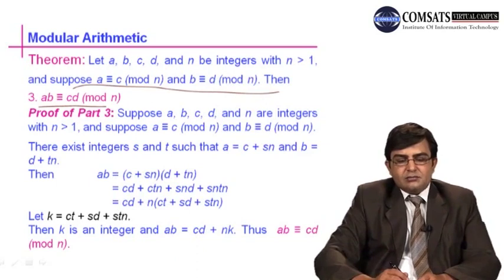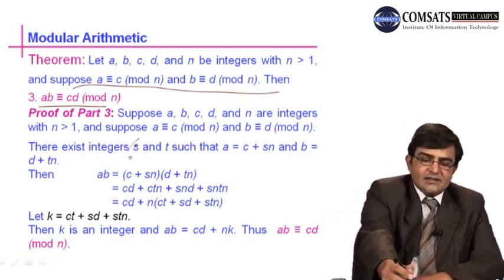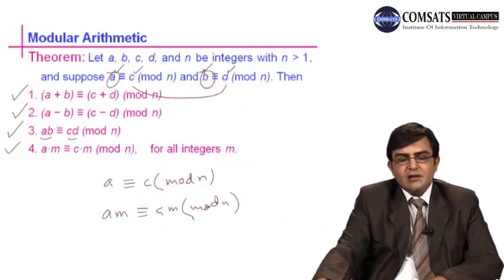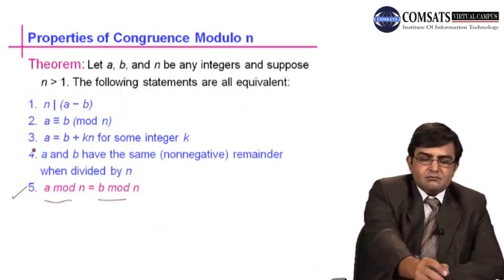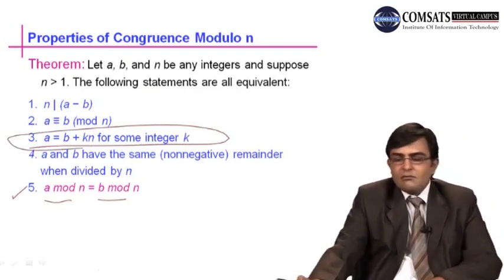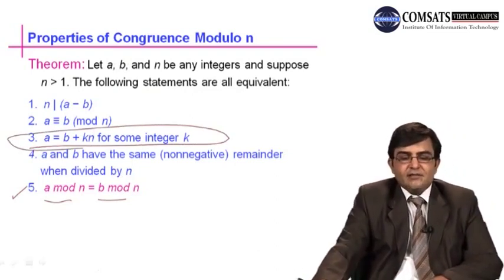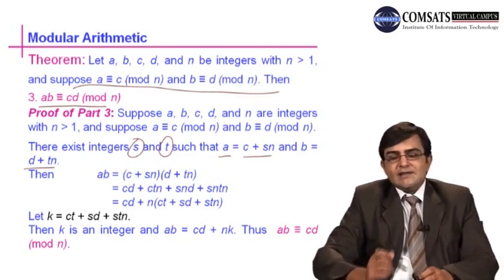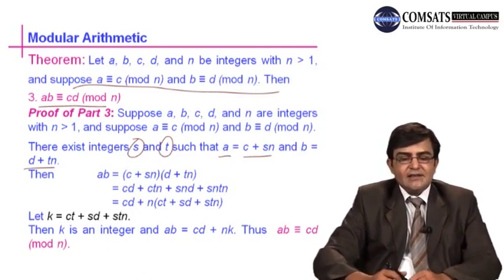If a is congruent to c mod n and b is congruent to d mod n, then there exist integers s and t such that a is equal to c plus sn and b is equal to d plus tn, by using this property. So we can write it as we have written in the congruence modulo relations.